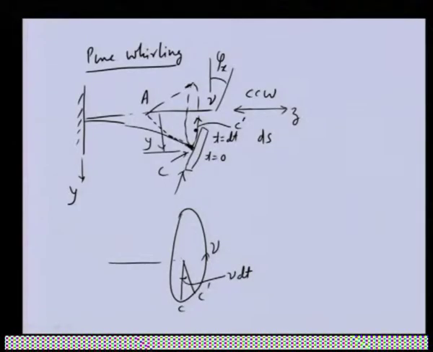This is the center of the bearing, and this is the distance y. So, the C prime will be y and the angle nu t.